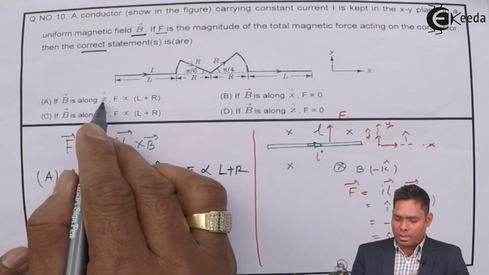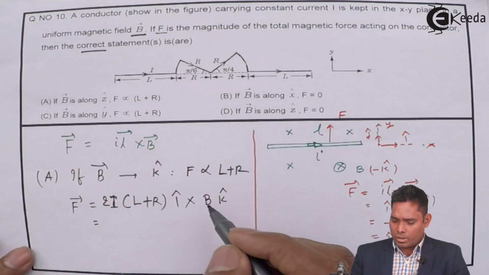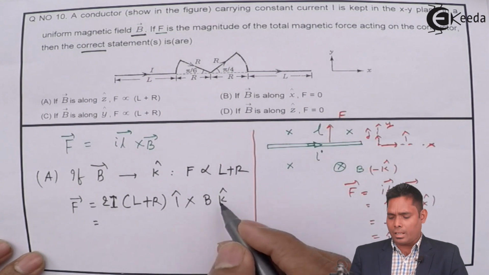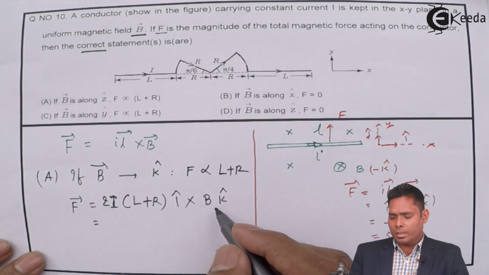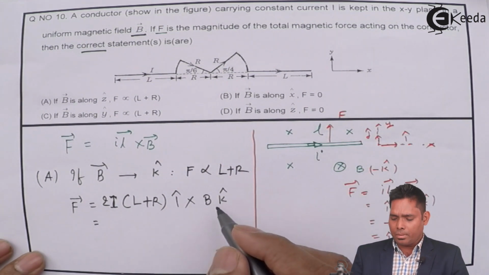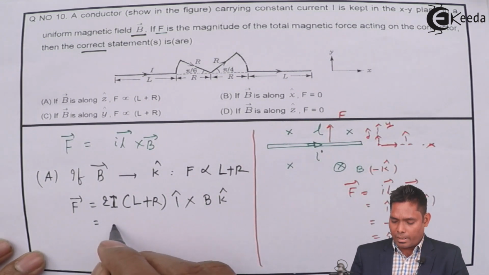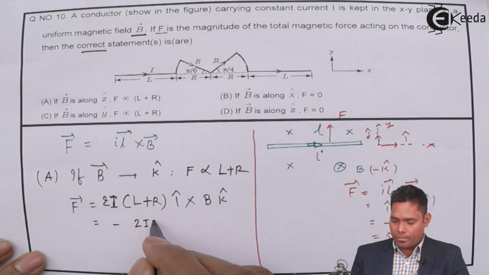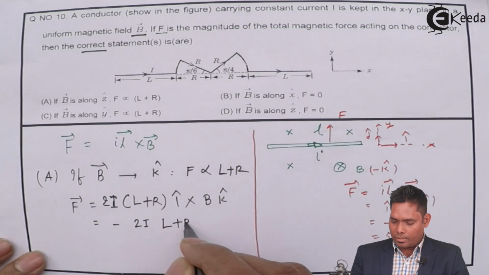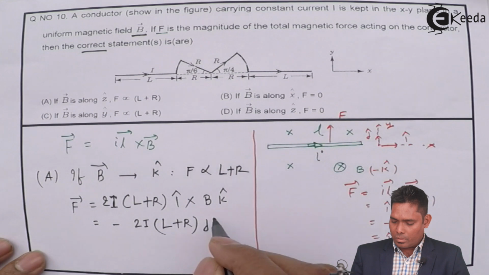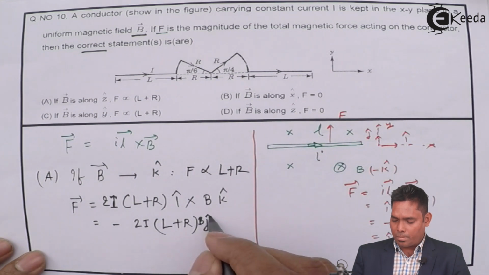If it is along z cap, then the force is, now I cross k is minus j cap, so it is minus 2I (L plus r) B j cap.